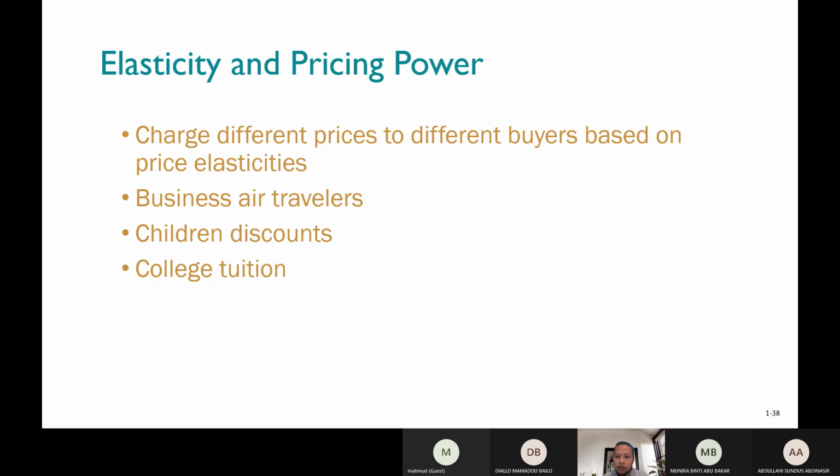In some cases, the company may find that the product they are selling is inelastic. Therefore, they can increase the price. No matter how high the price is, people will still buy it. So you can say that they have the market power and the pricing power.